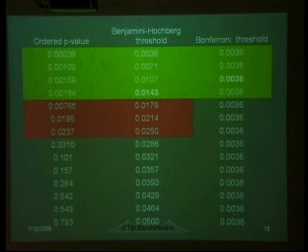Here I give the ordered p-values, and you can see what that threshold is. Under a Bonferroni procedure, you would reject the first 4 hypotheses because they're all below that Bonferroni threshold.